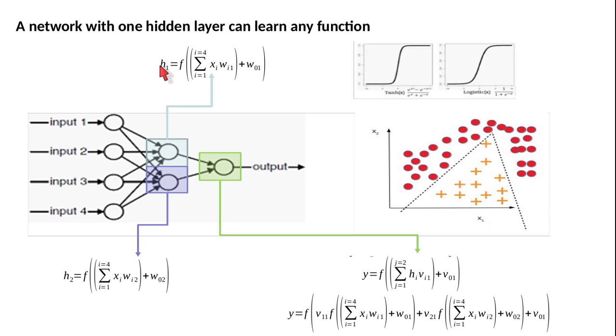So this h1 multiplied by the weight v11 represents the weight from hidden layer node number 1 to the output. Similarly, for j equal to 2 you would have h2 v21 plus v0, which is the bias for the output node.